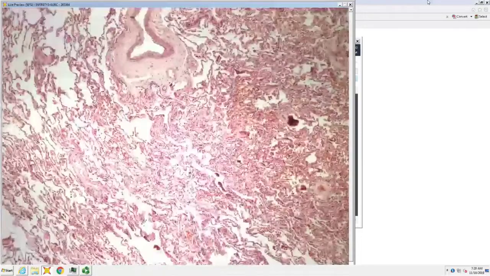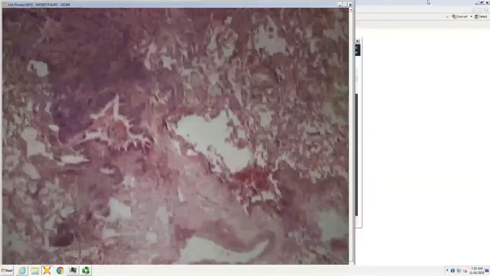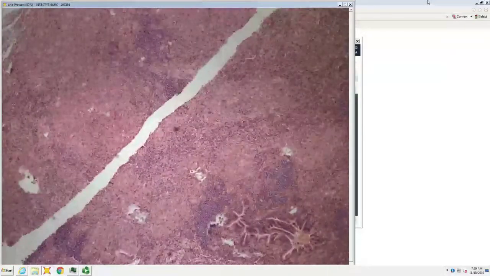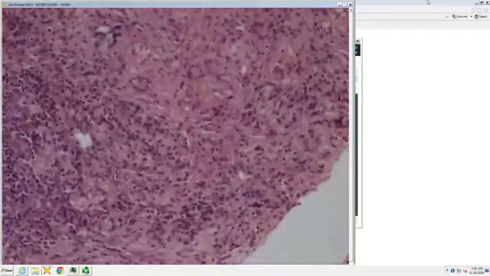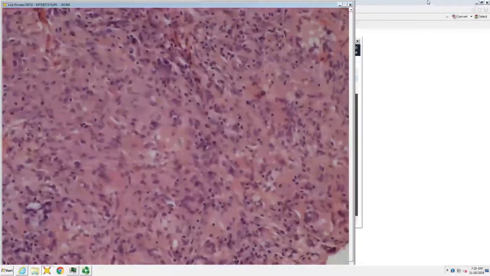We are not in skin, we are in lung, but the organism will look the same. So if you have a granulomatous area, you look in the granuloma, find the organism. So this is probably a very good area right in here.